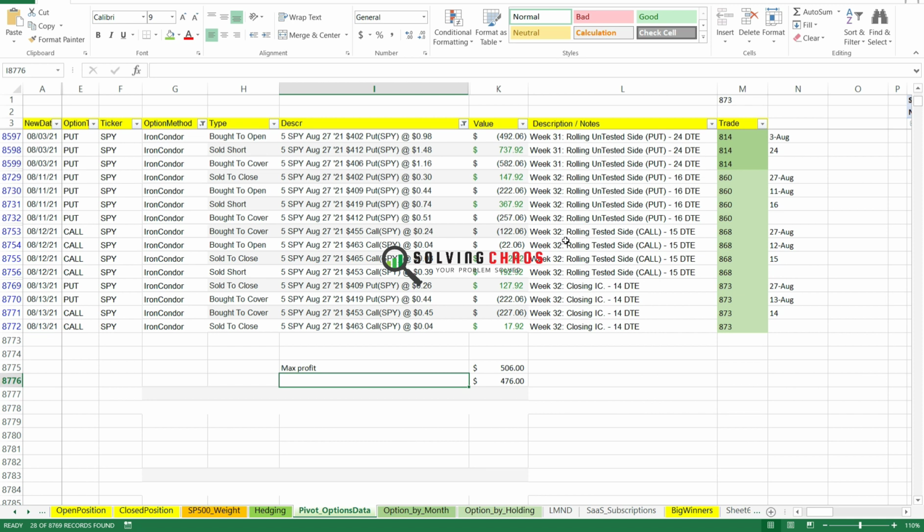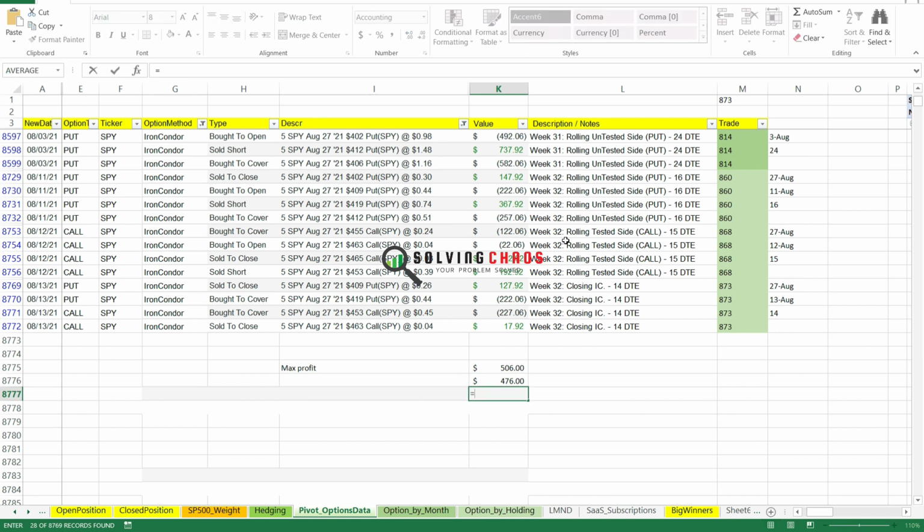It's almost like converting it closer to an iron fly. But I don't ever get to the point where the short call and the short put are the same price. So I'm just narrowing it down. And when you do that, if you looked at maximum profit, I reaped 94% of the max profit by doing it this way.